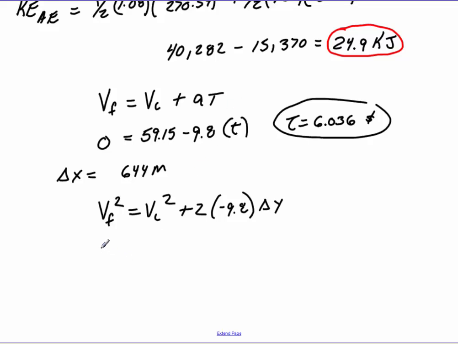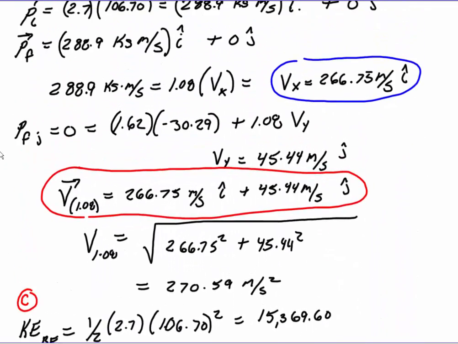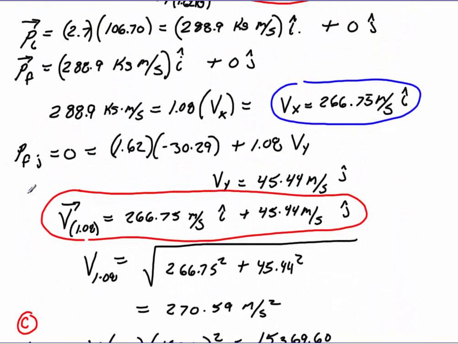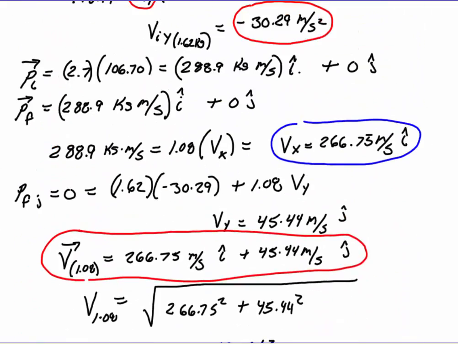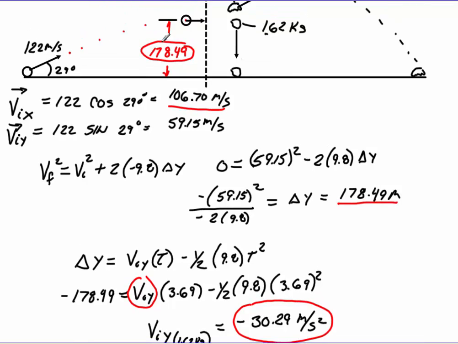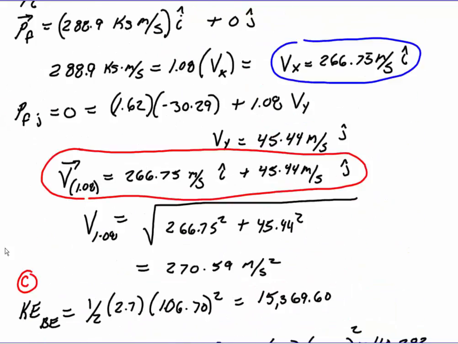So let's try that. VF squared is equal to, now we know the vertical value was 45.44. Remember, the vertical is what's driving your time. 45.44 squared plus 2 times negative 9.8 times our vertical displacement, which is just our height, 178.49.